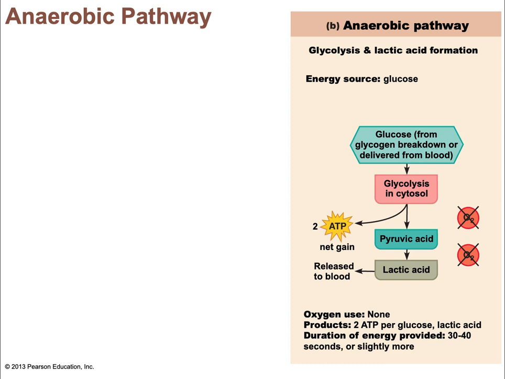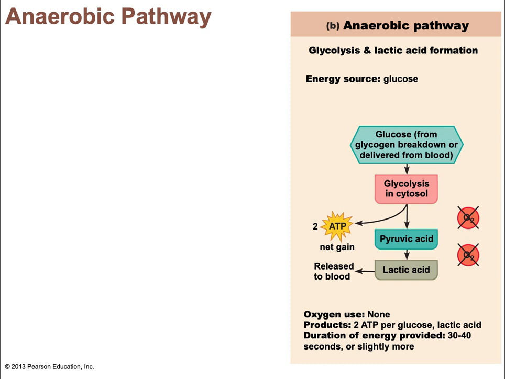Glycolysis doesn't require oxygen. We generate 2 pyruvates per glucose molecule and a net gain of 2 ATP. Normally, the pyruvate will enter the mitochondria, and aerobic respiration will strip the rest of the energy out and make it available as ATP.